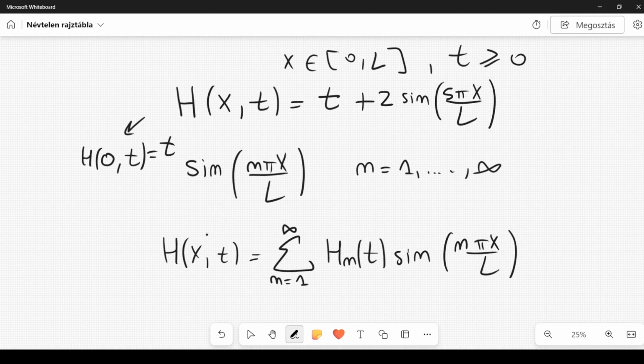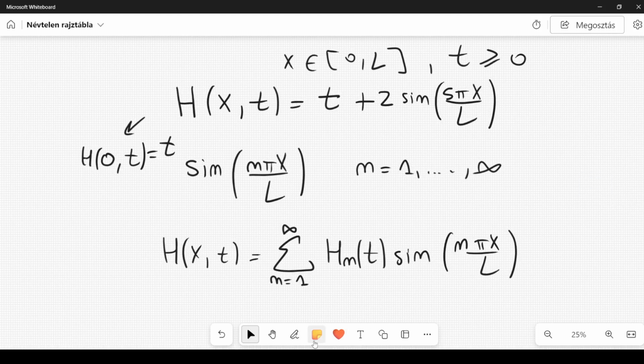Whereas in here, if you choose x equal to 0, you will see that this sine would go to 0, and therefore here basically you are summing an infinite amount of zeros, so we get 0. So why is that? Well, the reason is that the Fourier series is a very good representation of the function, but at the boundary there are some differences between the real function and the approximation. But you can show that in general the approximation is very, very good.